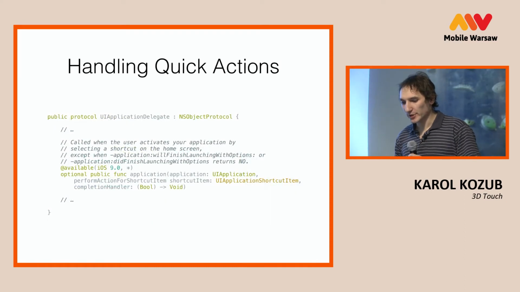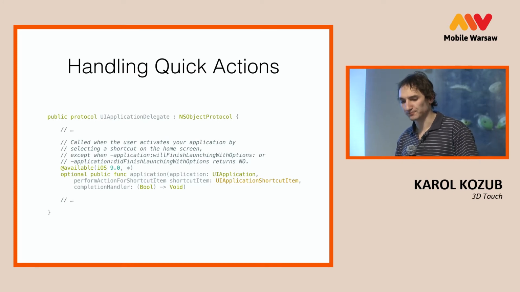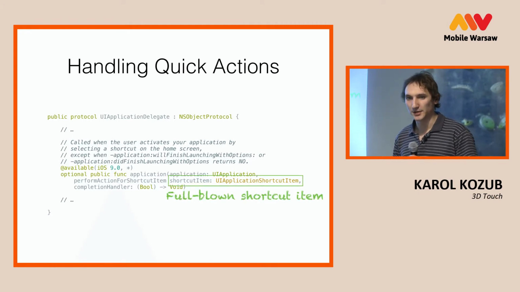Okay, so now that we know how to create quick actions, we have to somehow handle them. To do that, we use the UIApplicationDelegate's application:performActionForShortcutItem:completionHandler: method, which gives us a full-blown shortcut item, which has the user info dictionary and everything we set up in either the Info.plist or in code.